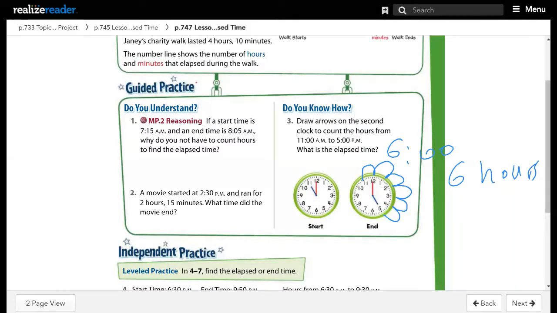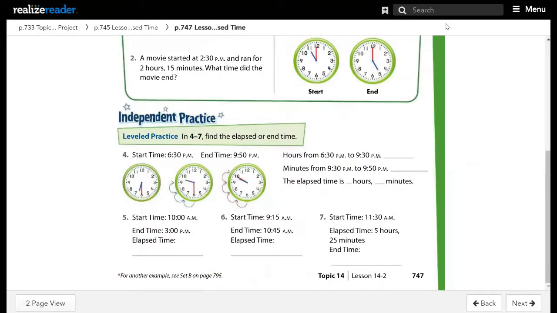Okay, moving to question number 4. Start time 6:30 p.m. End time 9:50 p.m. The first step, hours from 6:30 p.m. to 9:30 p.m. How many hours?